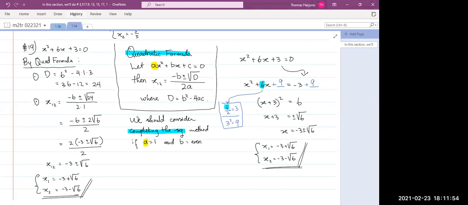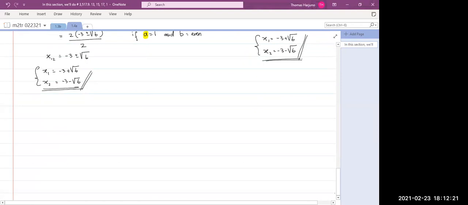The only time factoring is slower is when you are dealing with very large numbers or a number with a lot of factors like 24. Okay, but other than that, factoring will be faster. Okay, that's for number 19.